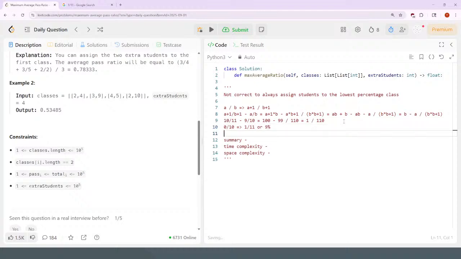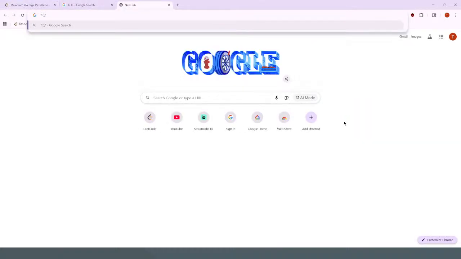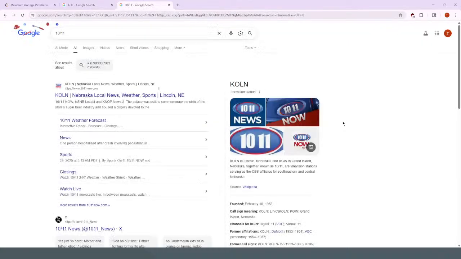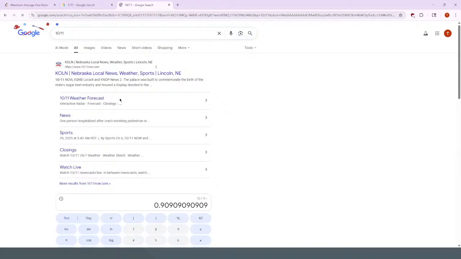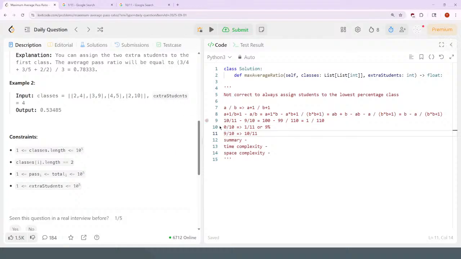If you go from 9 out of 10 to 10 out of 11, 10 out of 11 is 90.9090. So, I mean, it's still increasing by 9% increase. So it's the same increase, right? It's the same denominator.